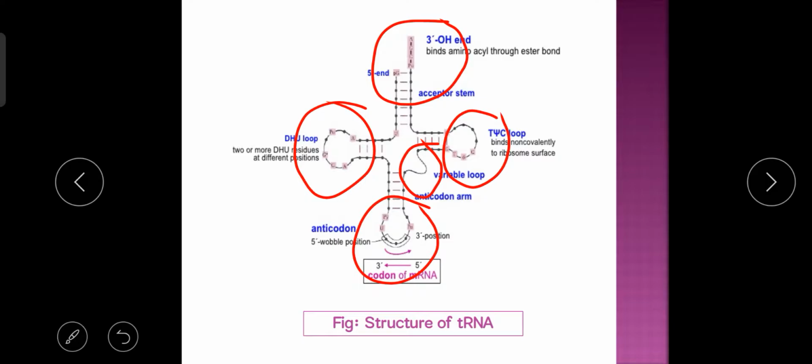In some tRNAs, this arm is not found. That means the variable arm is not present in all transfer RNAs, and it does not have any specific function. It lies between the anticodon and T psi C loop.